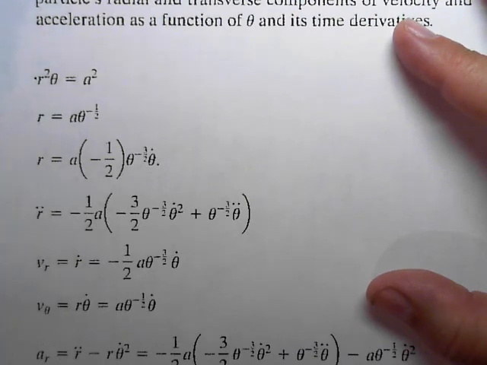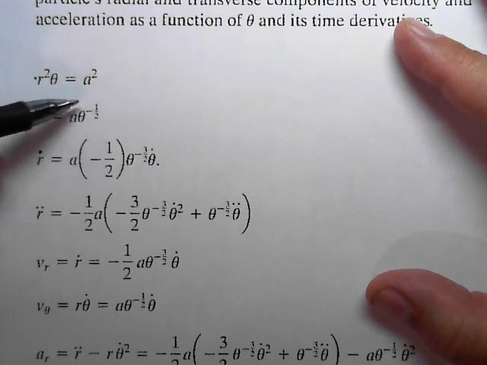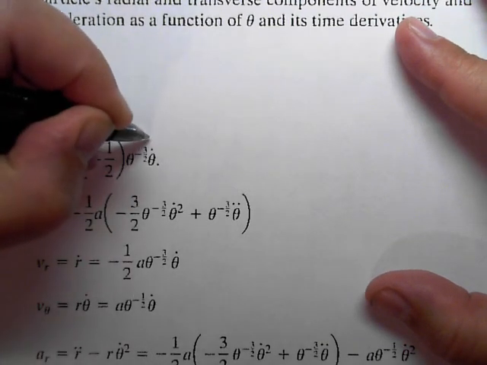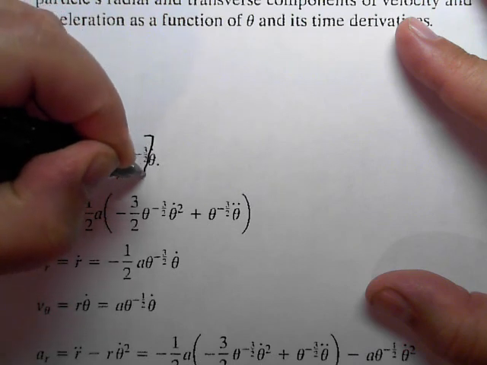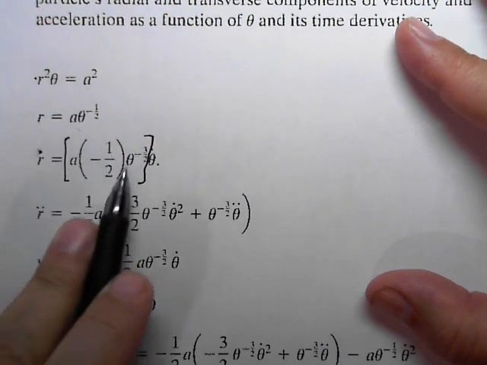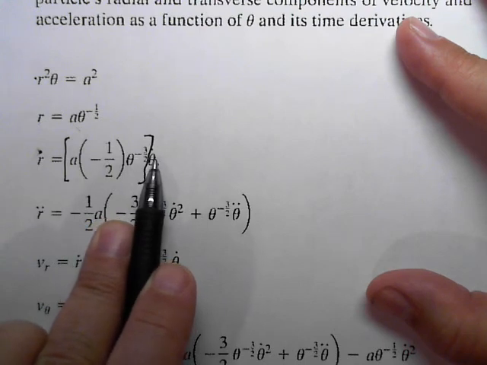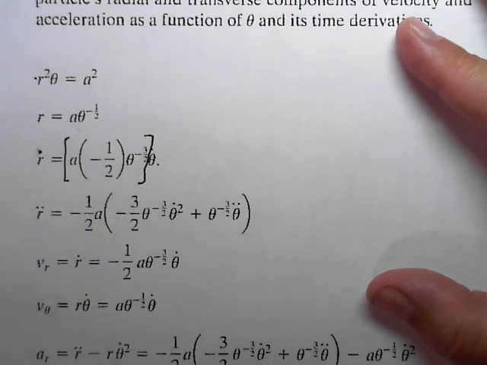This is the author's solution enlarged, and there are a few mistakes in the author's solution, so I'm going to fix them. r dot is equal to the derivative of this thing with respect to theta times d theta dt. This quantity, all the way out to the minus 3/2, is dr d theta, and this piece theta dot is the d theta dt piece.